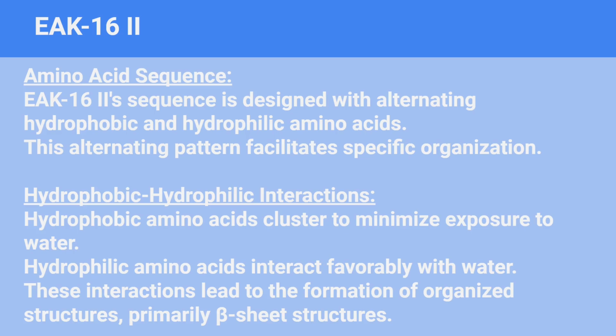The hydrophobic amino acids tend to cluster together to minimize exposure to water, while the hydrophilic amino acids interact favorably with water. This leads to the formation of organized structures, often in the form of beta sheet structures. These structures are stabilized by hydrogen bonding between adjacent peptide chains.